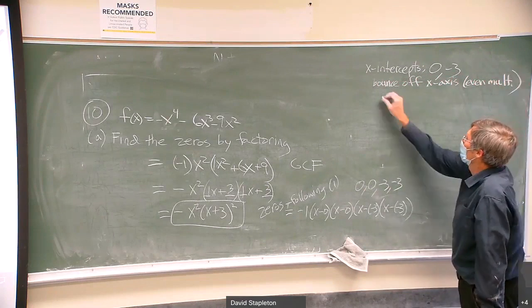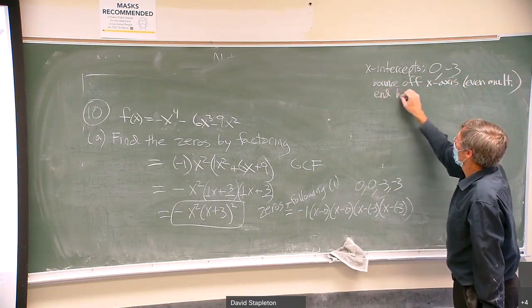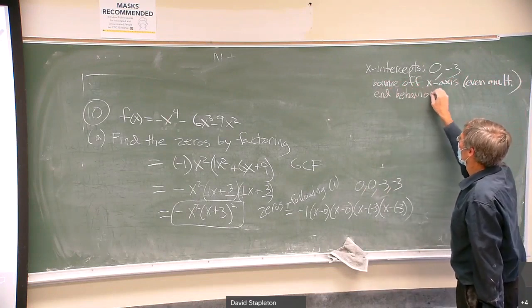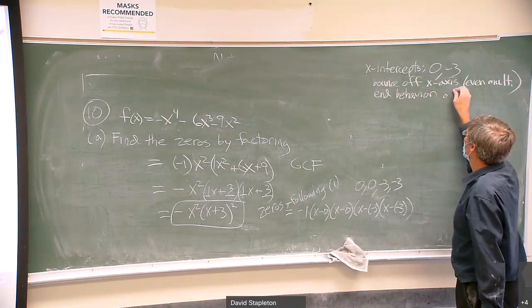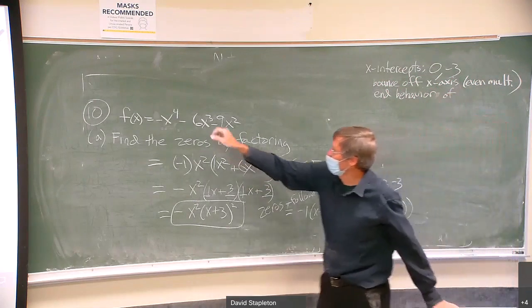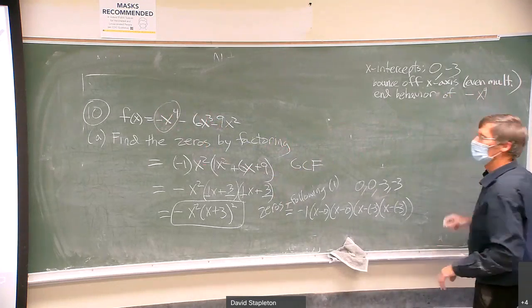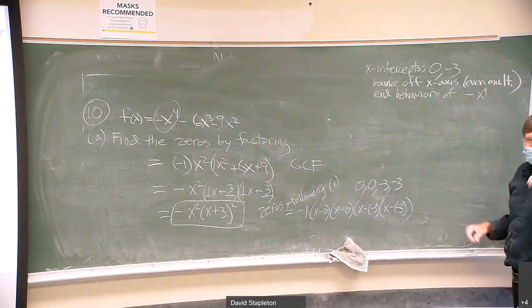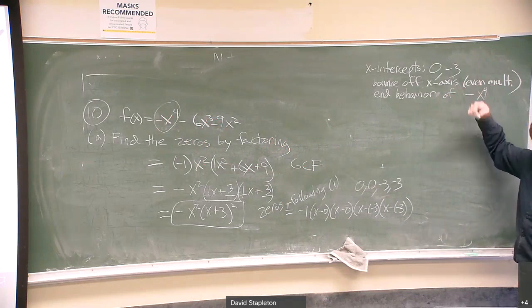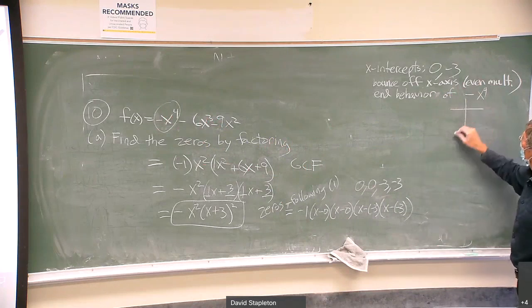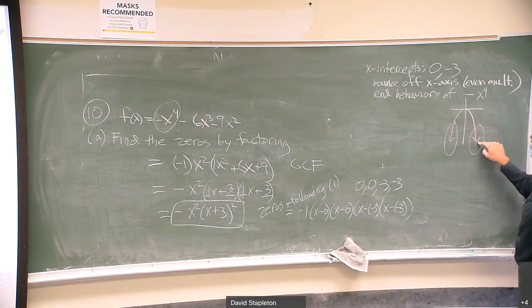What's the end behavior of the graph? Of the leading term, minus x to the fourth this time, which looks like what? We take x to the fourth, we turn it upside down, right? So now it goes like this. So its end behavior is like down on both sides.